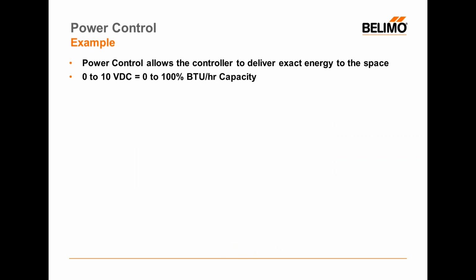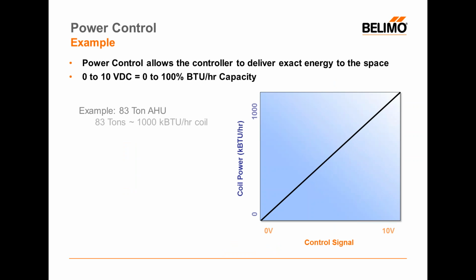So if we do an example of how power control would work, we'll say that we have 83 tons of air handler, because that happens to work out to 1,000 kilobtus per hour. So I have coil power in the range from 0 to 1,000 kilobtus per hour, and I have a control signal from 0 to 10.